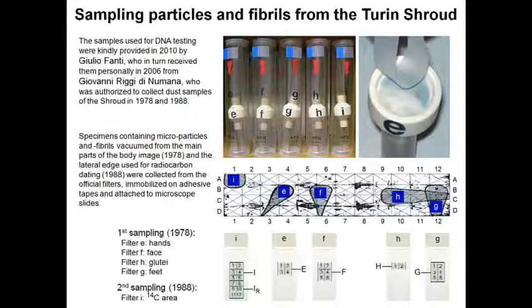Very small specimens containing microscopic particles were vacuumed from the backside of the shroud, from the main parts of the body image, and also on the corner used for radiocarbon dating.